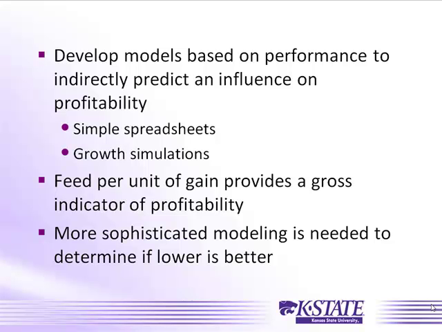So feed per unit, again, provides a gross indicator of profitability, but when you dig down into the nitty-gritty and the specifics of production systems, lower isn't always better. My key point here is you've got to do some more sophisticated modeling when you're working with a specific production system to get at those economics.